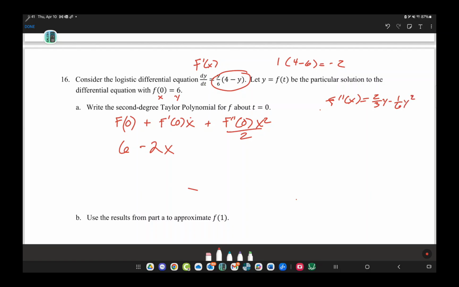Now, when you take the derivative of y with respect to x, what happens? Yeah, you put in y prime. So we have 2/3 y prime minus, let's bring down the 2, you get 1/3 y times y prime. Now, the nice thing is, do we know what y prime is? It's negative 2. This is y prime as well. So, replace y with what?